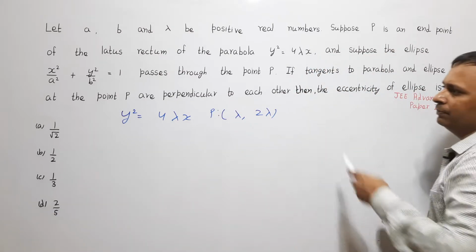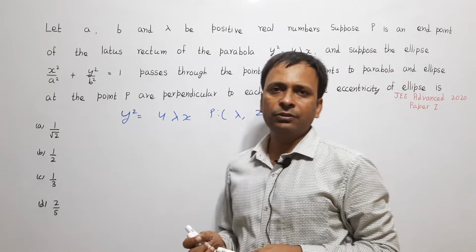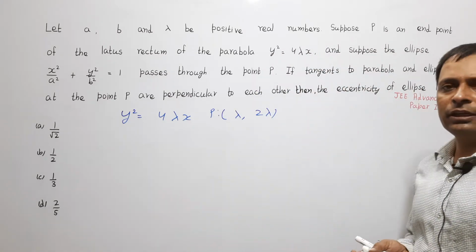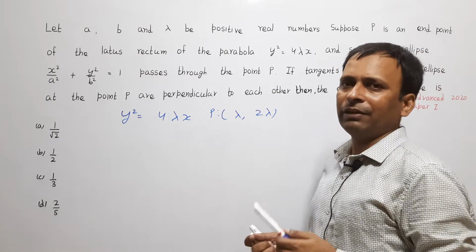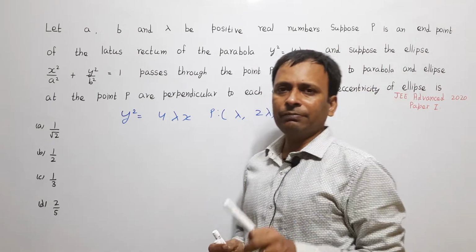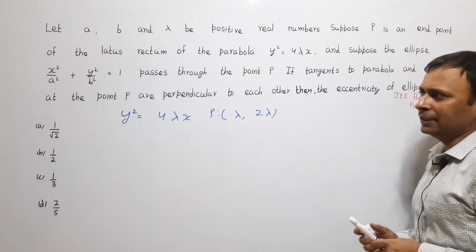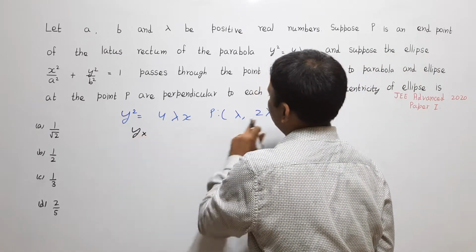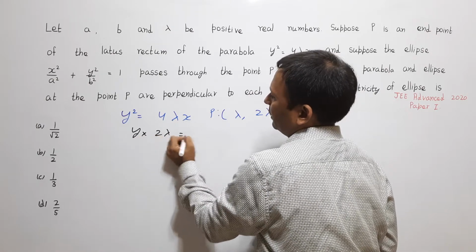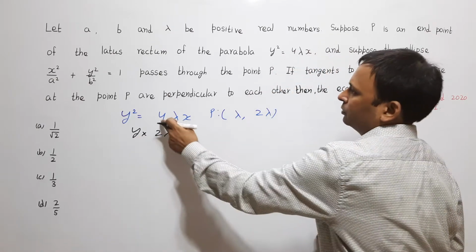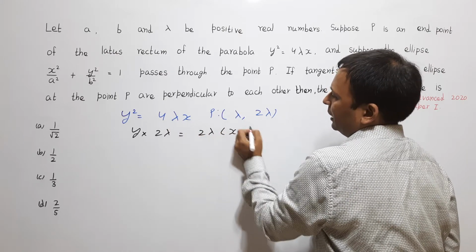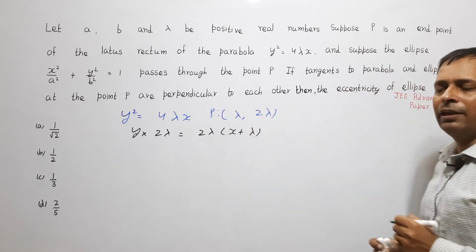Now from this point P, if I draw the tangent to the parabola, then the equation of the tangent in the point form is given by y y1 is equal to 2a multiplied by x plus x1. So the equation of the tangent will be, in this case, y into 2 lambda is equal to 2a, and 4a is 4 lambda, so 2a is equal to 2 lambda, multiplied by x plus lambda.